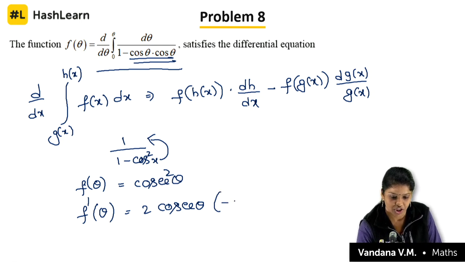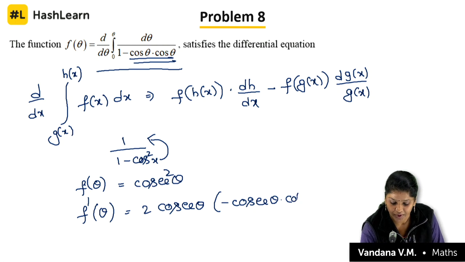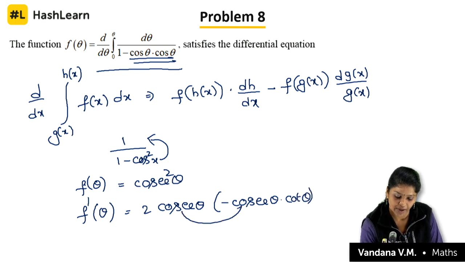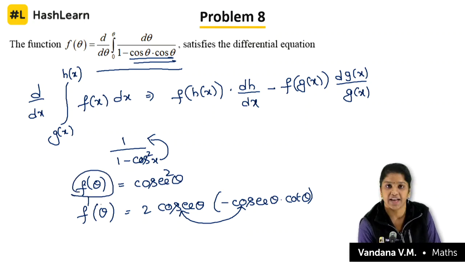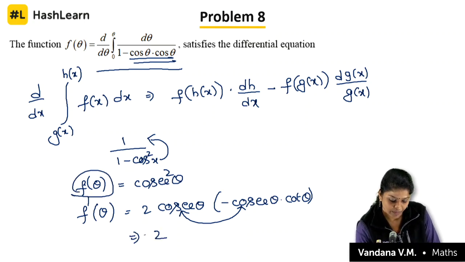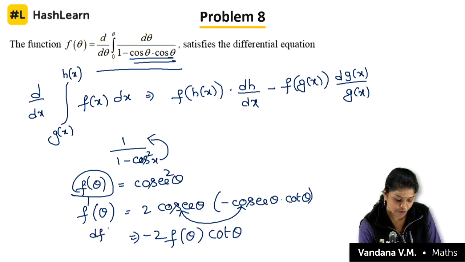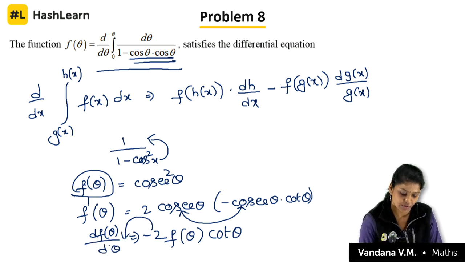Cosecant theta differentiation is minus cosecant theta into cot theta. Now you multiply these two, cosecant square can be written as f of theta, minus 2 f of theta into cot theta is d f of theta by d theta. If you are bringing is equal to this side, it gives you the differential equation.